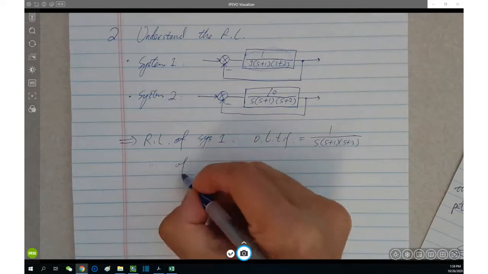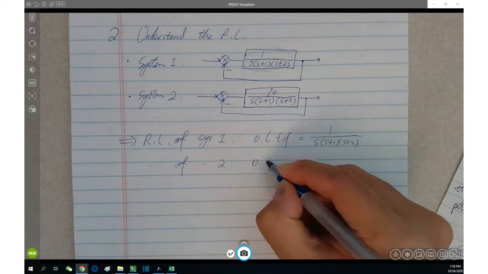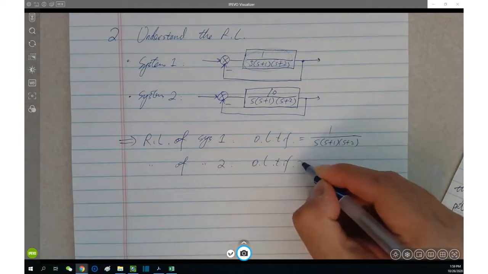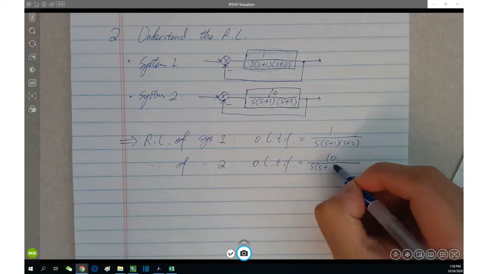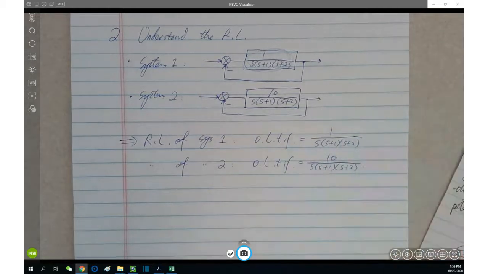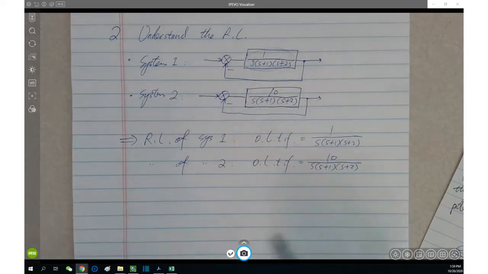And then the root locus of system 2. We also need to find the open loop transfer function. So system 2 is what? What's the difference between the two open loop transfer functions? Nothing but the gain, right? Nothing but the gain in the numerator. One is 1, the other is 10.